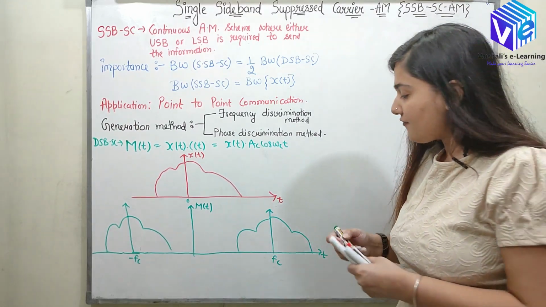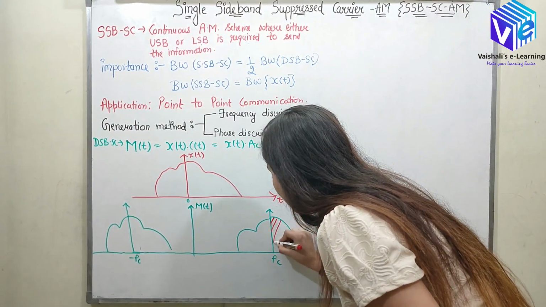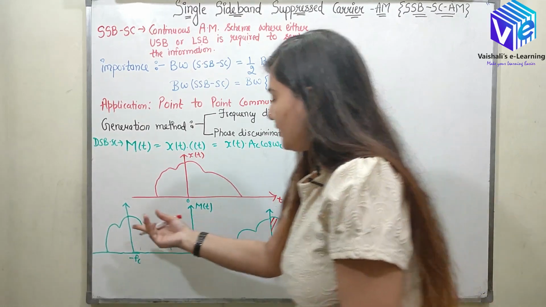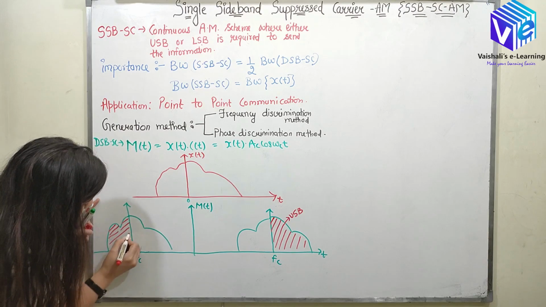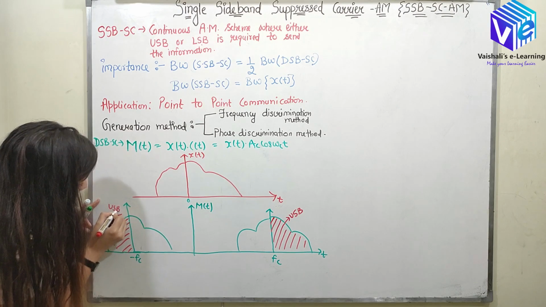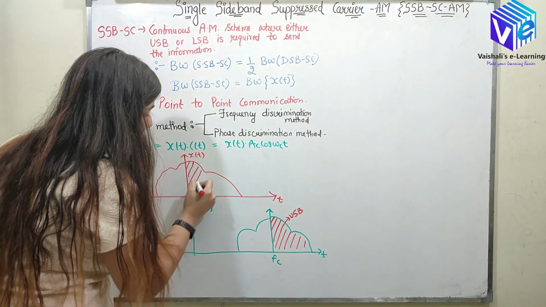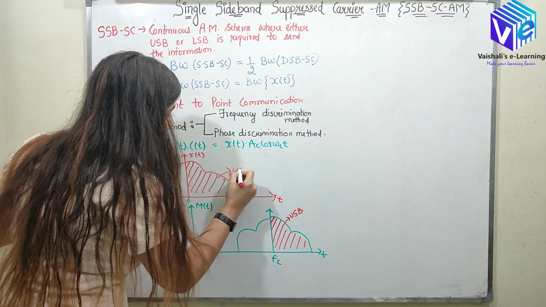Now I have the upper sideband. So this red portion represents my upper sideband. Now when I talk about the message signal, this portion represents my upper sideband.